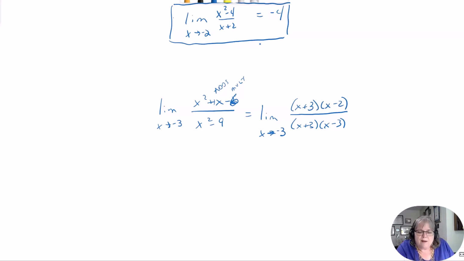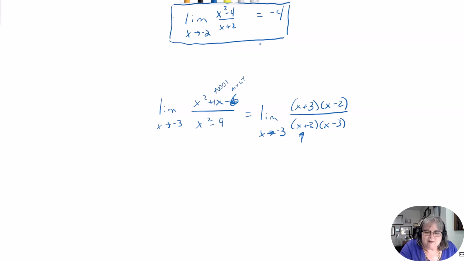Now, do you see how if you substituted in the negative 3, this is the part that's going to give you 0, right? This part is not going to be 0. So what you're trying to do when you do these removable discontinuities is remove this x plus 3 problem.